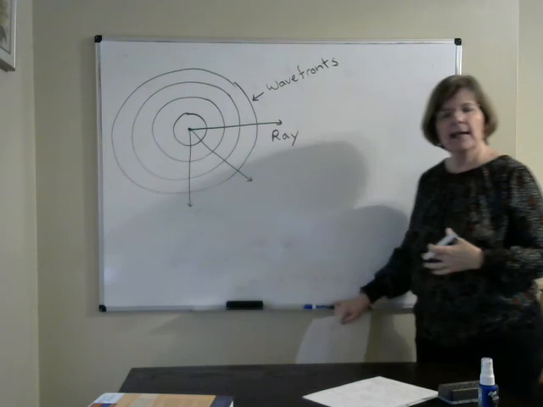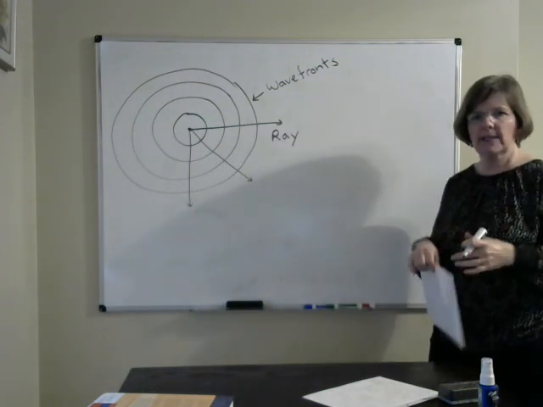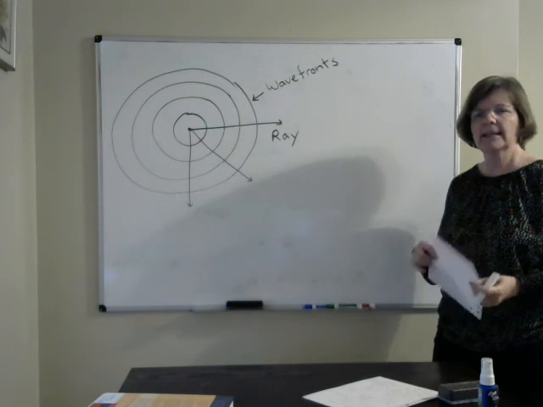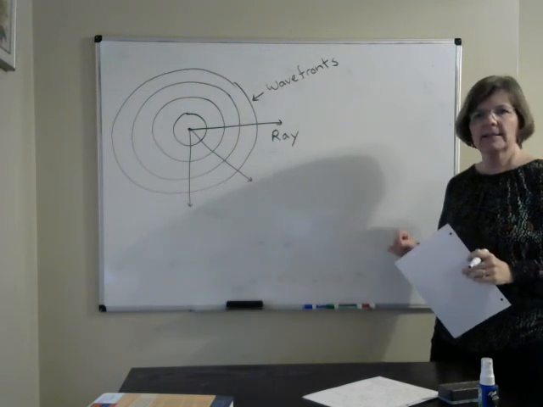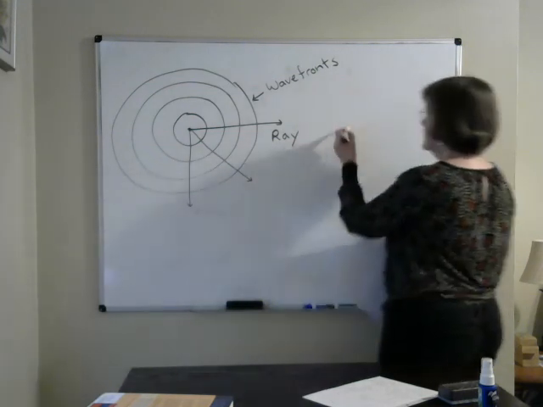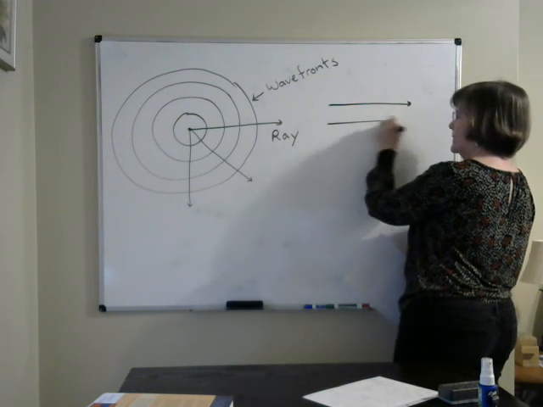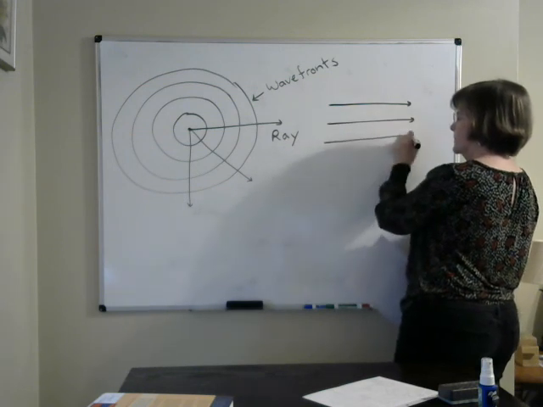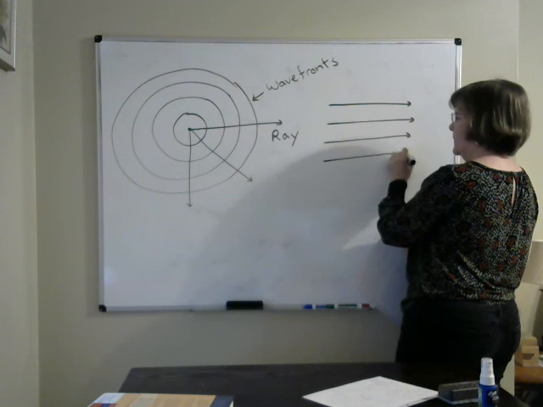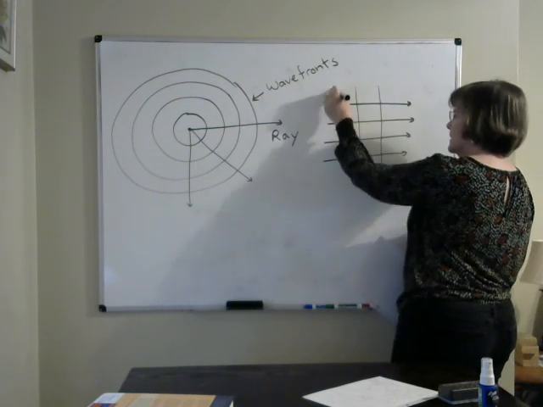Treating light as a ray is going to help us solve a lot of problems in the next few sections. So we often think of light traveling in straight lines as rays. If we have parallel rays, what we find is our wave fronts look like this.